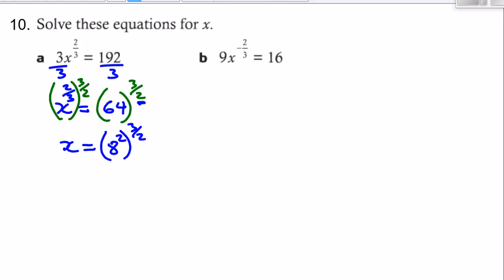If I had 2 to the power 6, I'd still end up with the same answer, but it's easier if I remain with something that I can easily simplify. So whichever way you express 64, you still get the same answer. So x will be equal to that, and that cancels, so that will be 8 to the power 3, which means 8 multiplied by 8 multiplied by 8, and that will give us 512.